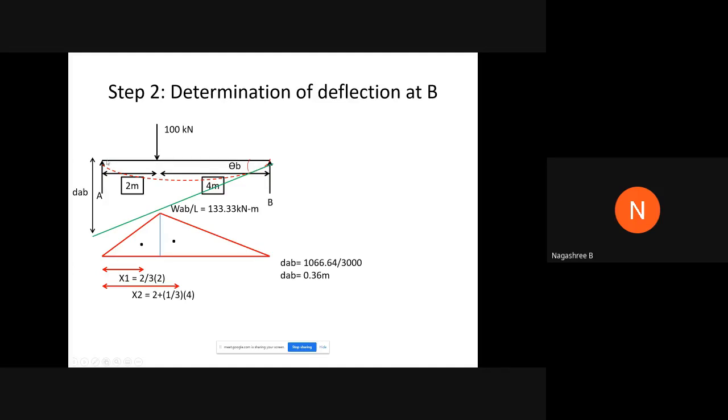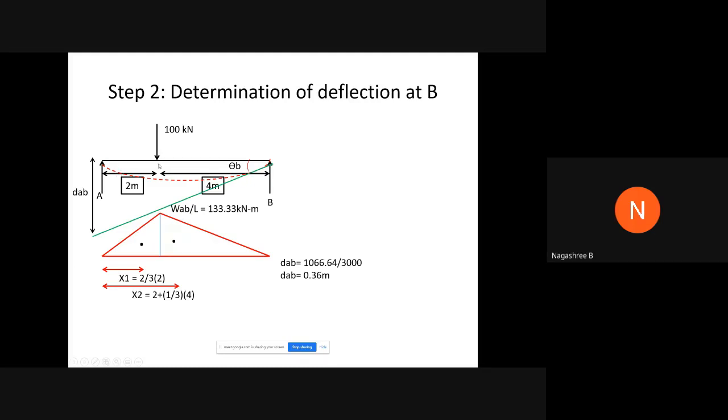The initial position of the beam was straight. The deflected position is represented as a red dotted line, wherein there is a creation of a slope. That slope is mentioned as theta B at the B side, and from A, it is theta A.